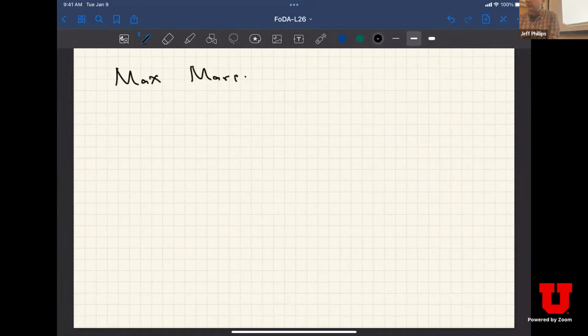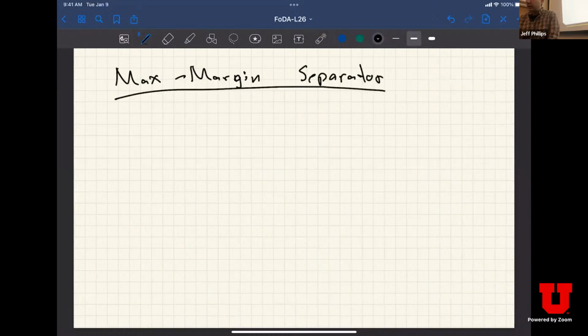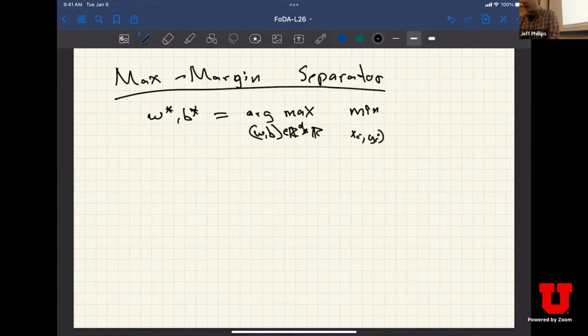So the max margin separator is going to be w*, b* is going to be the argmax over (w, b) in R^d cross R, of the min over (x_i, y_i) in our data of y_i g_{w,b}(x_i).